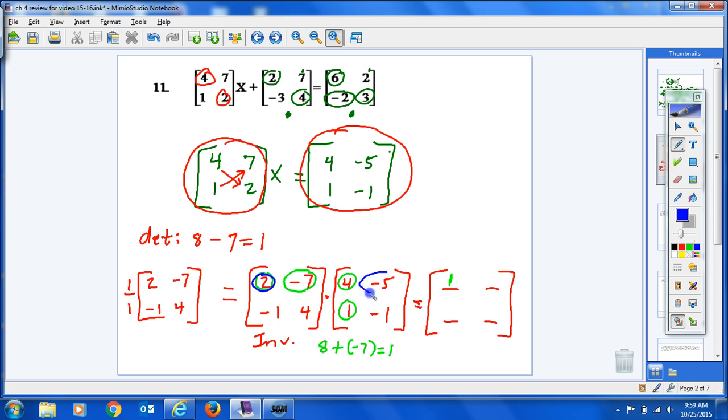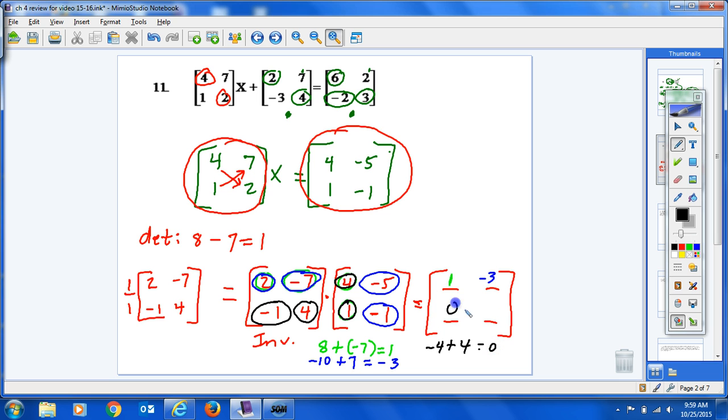So that's going to be 2 times negative 5, which is negative 10, plus negative 7 times negative 1, which is 7, and that's negative 3. All right, so let's move along. We're going to work on row 2, column 1. So that's going to be negative 1 times 4. Negative 4, plus 4 times 1, which is positive 4.